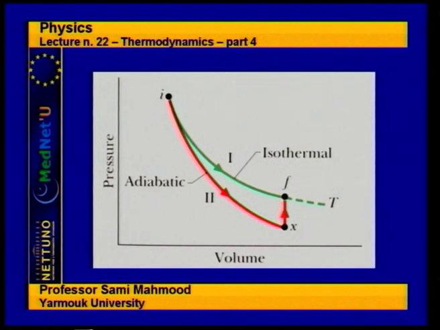But as the figure shows, the different ways of handling the process of changing the state from the initial to final involve different values of the thermodynamic quantities. For example, the work done if we do the process isothermally is more than the work done if we do the process adiabatically then isochorically at constant volume. This is just an example.